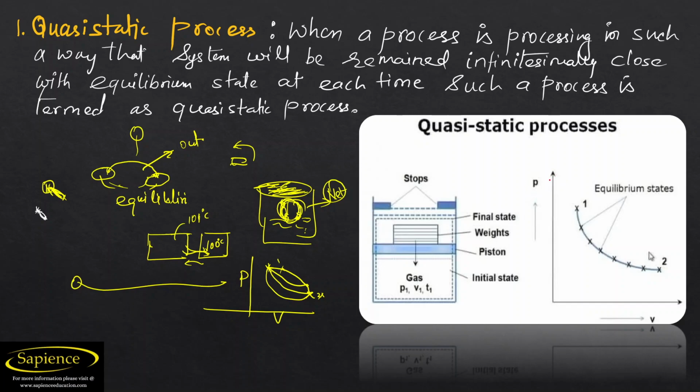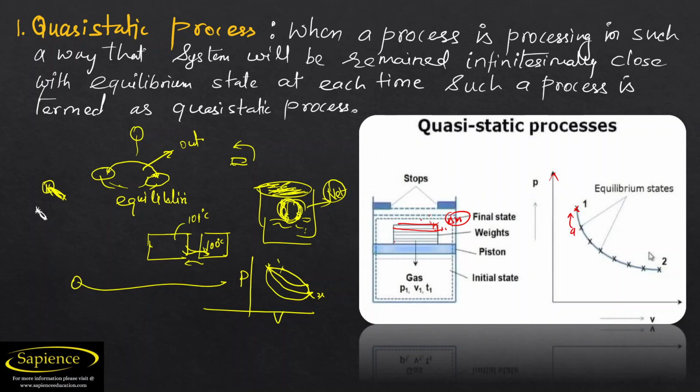See here in the actual example of a quasi-static process, what happened? We slowly remove the top weight, a very small mass or small weight. If we remove a small weight, its state comes from 1 to A. Again it may go back.